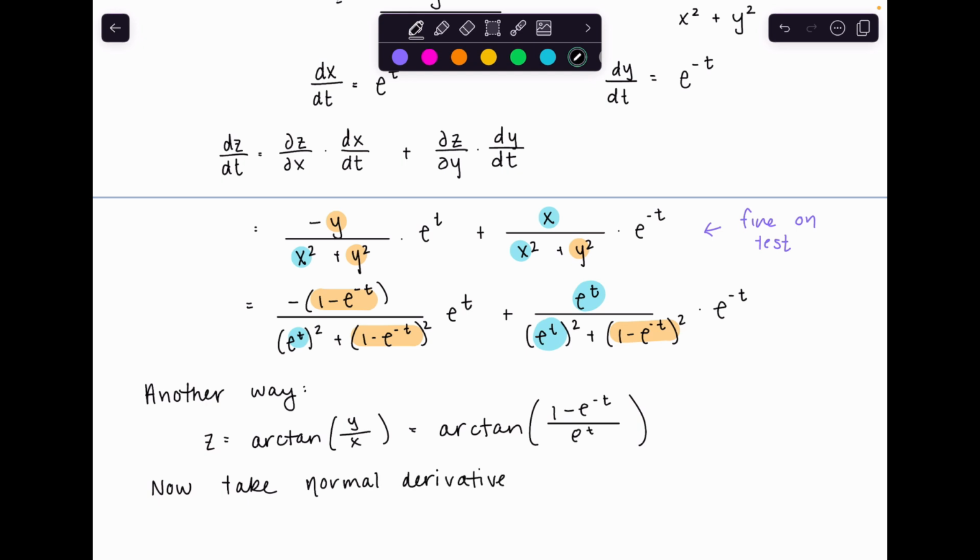Personally, I think this way is going to be 10 times worse, especially in more complicated situations. Because you can see you have a function inside of a function. So I would have to start by going through my chain rule. So I differentiate the arctangent, it would be 1 over 1 plus this thing squared. Then I would have to take the derivative of this, which is going to require quotient rule.